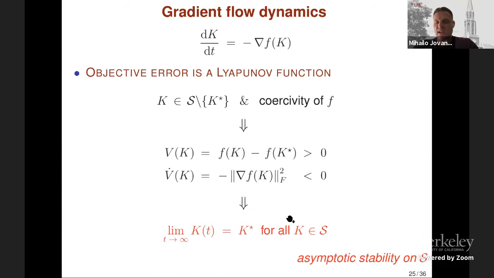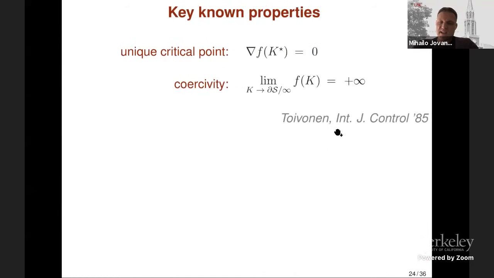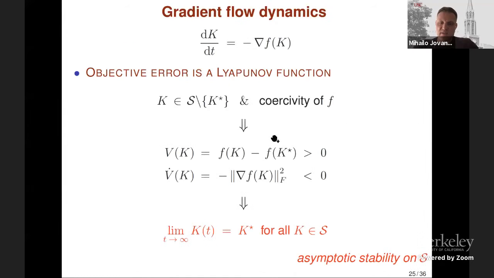And this is enough to establish asymptotic stability of the gradient flow dynamics over the set of stabilizing feedback gains. So asymptotic stability, global convergence to a unique critical point, comes for free. It's literally a two-liner that taps into standard results that were established 35 years ago.